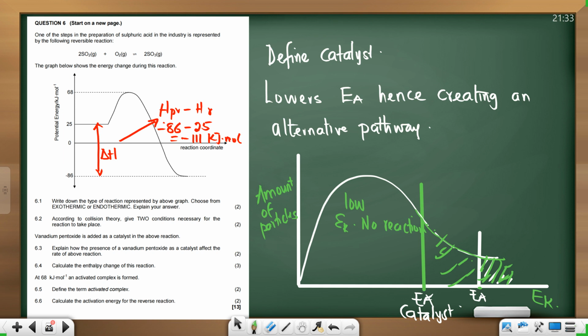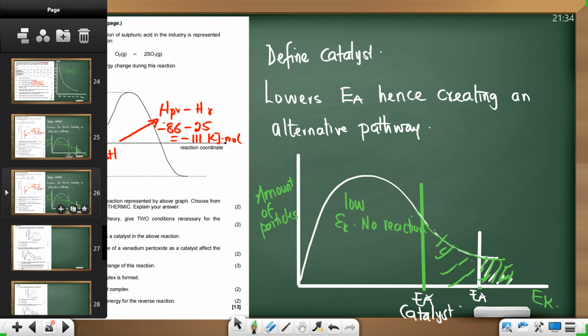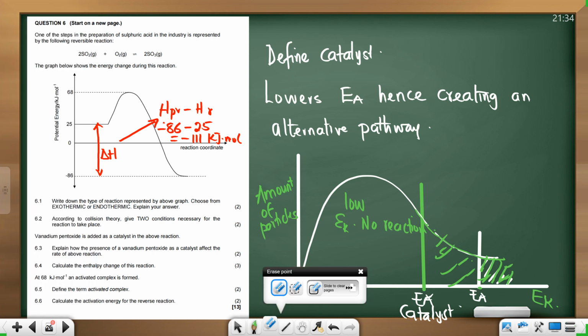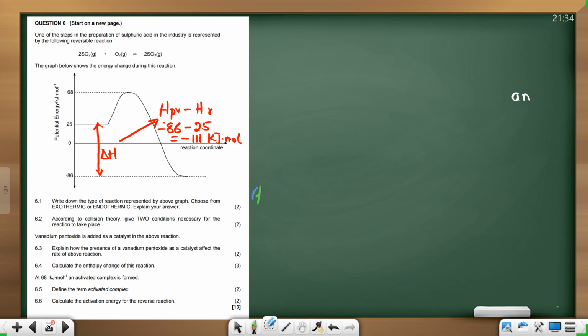Guys, can you please calculate what is the activation energy for this reaction? I want to check something with you. What is our EA?